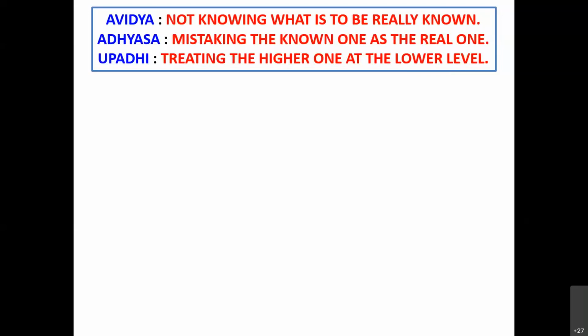Lakshanat Lakshmi. Whatever is having attributes, that is called Lakshmi. Money is not Lakshmi. But people have this upadhi where treating the higher one at the lower level. Lakshmi is the goddess of energy, not the goddess of money.